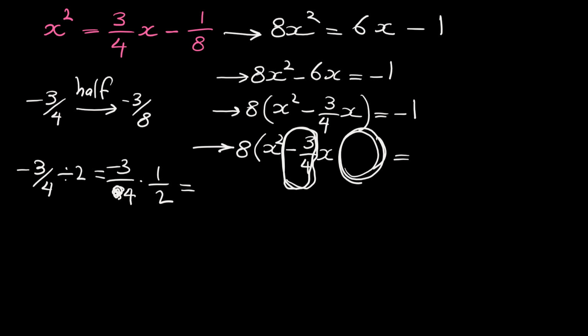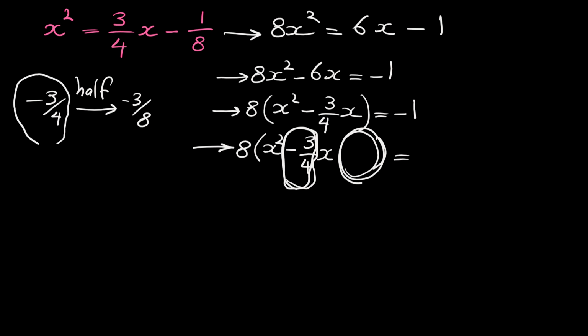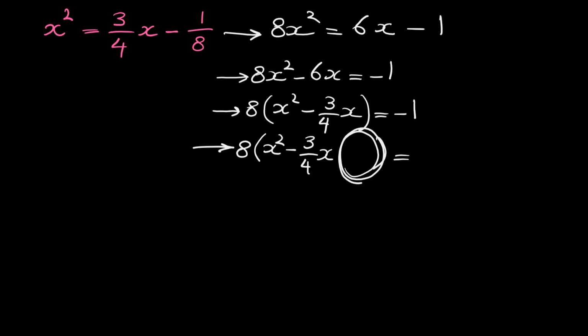So if you want to find half of a fraction, half of a fraction is double the denominator, and that's the answer. For example, what is half of 5 over 7? Half of 5 over 7 is 5 over 14. It should not take so much time from you to find the half of a number. So half of negative 3 over 4 is negative 3 over 8.